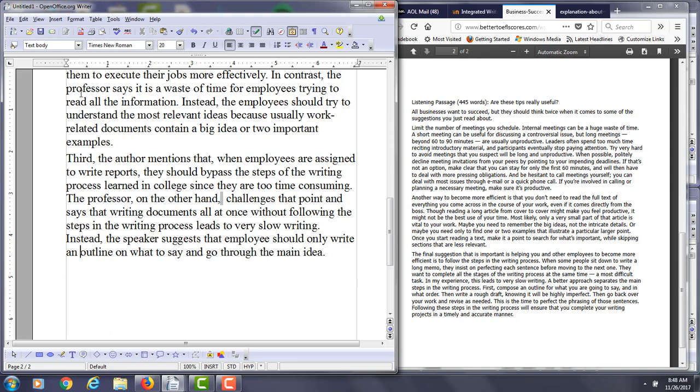should write, we'll say outlines. They should write outlines, a rough draft, we'll put here should write outlines and rough drafts.